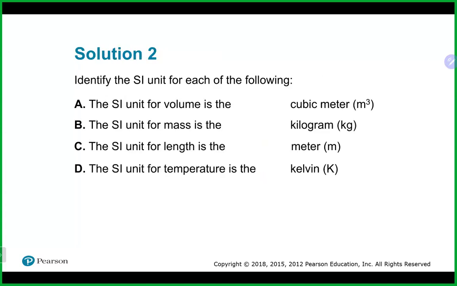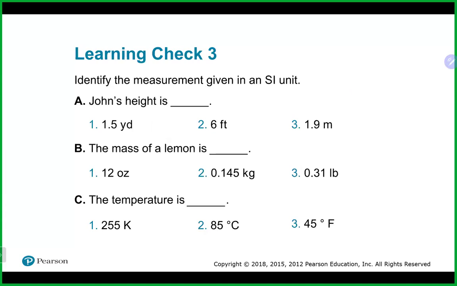Obviously, we talked about these SI units. Again, meters cubed is a volume. Like I said before, sometimes people like meters cubed or decimeters cubed, which is a liter. If you take any length measurement and cube it, in the sense of a cube, it will give you a volume. Kilograms for our mass, and meters and Kelvin there for our temperature.